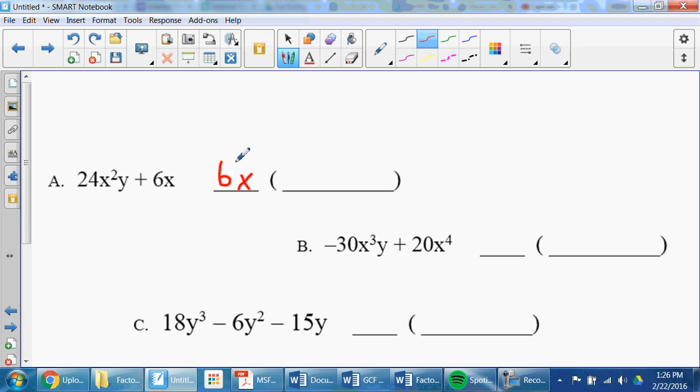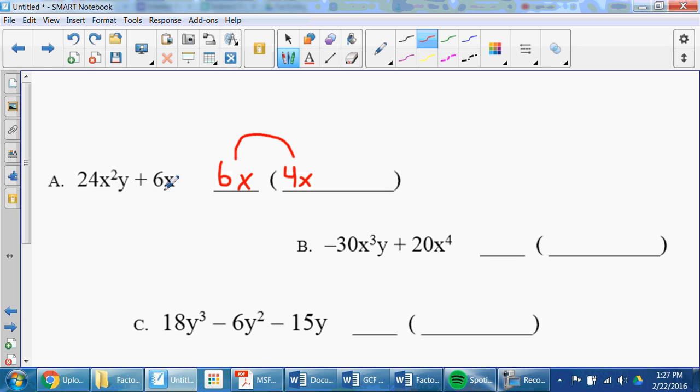When I pull 6x out, now I'm thinking of what I multiply to get 24 from 6. 6 times 4 gets me 24. My factor chart tells me that. Also, if I divided them, I would get that as well. Then I have 1x, and I need to get to x squared, so I've got to put another x here. And then a y.